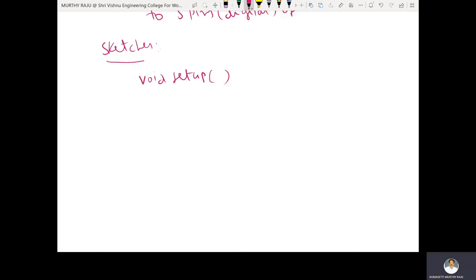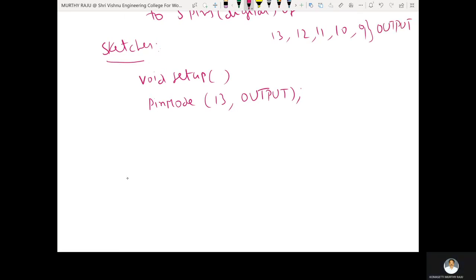First one, pin mode 13 output. You have to choose 5 pins from Arduino board: 13, 12, 11, 10, 9. All these pins are assigned as outputs.